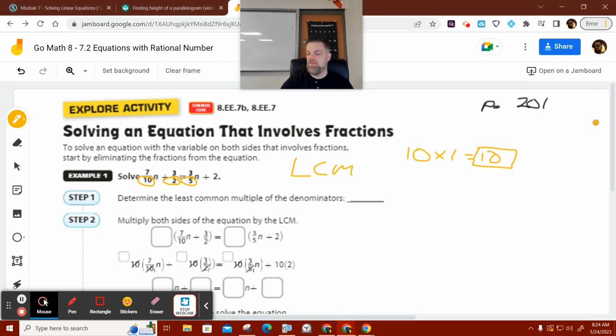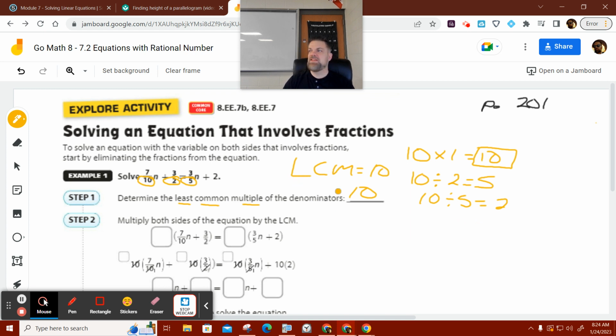This won't always be the case. So what I did in my calculator is 10 divided by 2 is 5, and then 10 divided by 5 equals 2. So the least common multiple is 10.